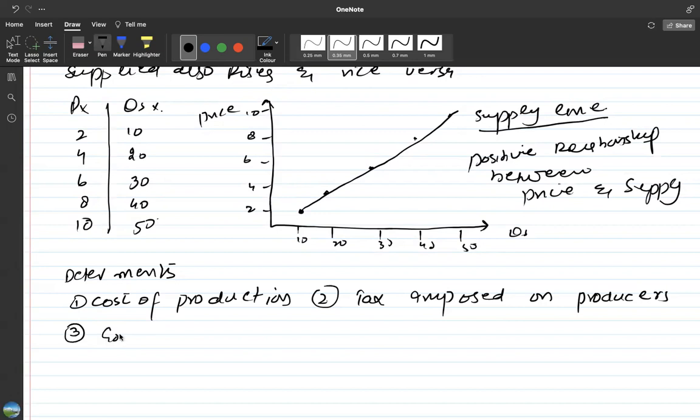Government subsidies: if government provides subsidies to the producers, the supply will increase. Even if the price is falling, the supply will increase. Weather conditions, especially when it comes to agriculture products, because they can ruin the supply if there is a flood or something like that.